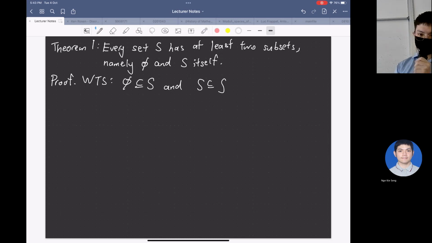So let's show the empty set is a subset of X first.